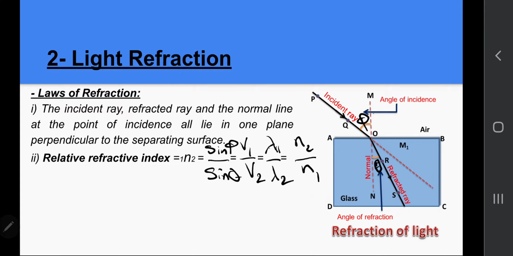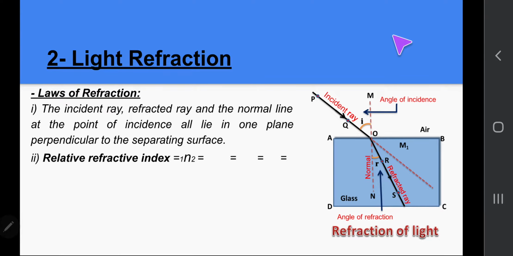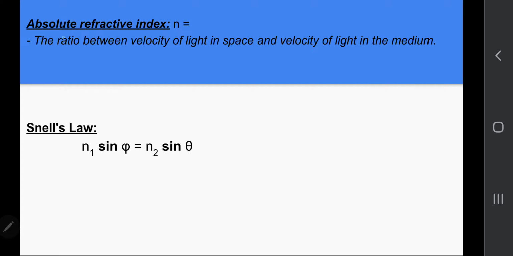What is the meaning of absolute refractive index also? Okay. Absolute refractive index is a refractive index special to each medium, equal to c over v.